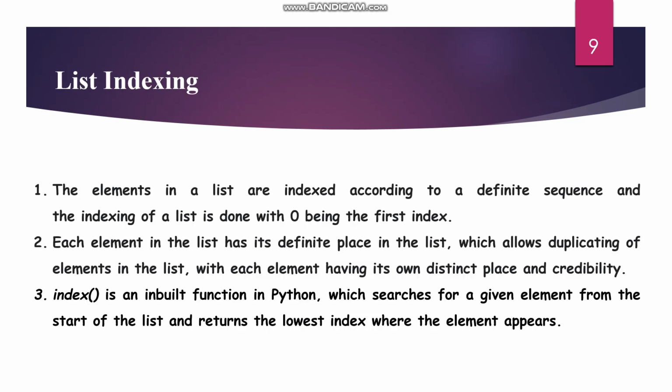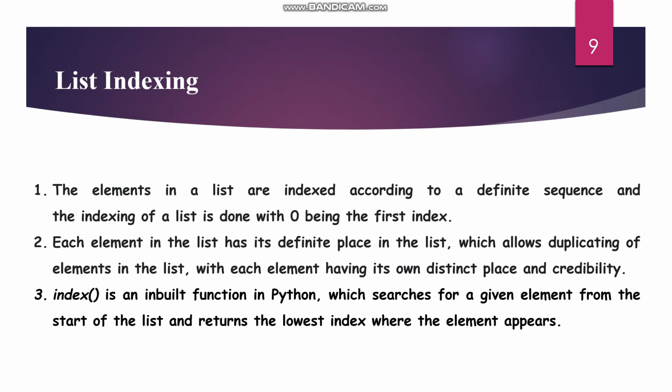Next comes list indexing. The indexing of a list is done with 0 being the first index of it. It can't start with 1, it has to start with 0. Each element in the list has its definite place, which allows duplicating of elements in the list.